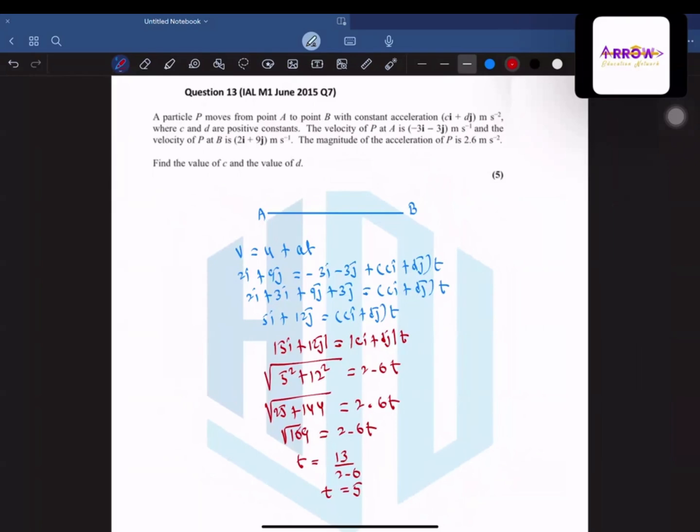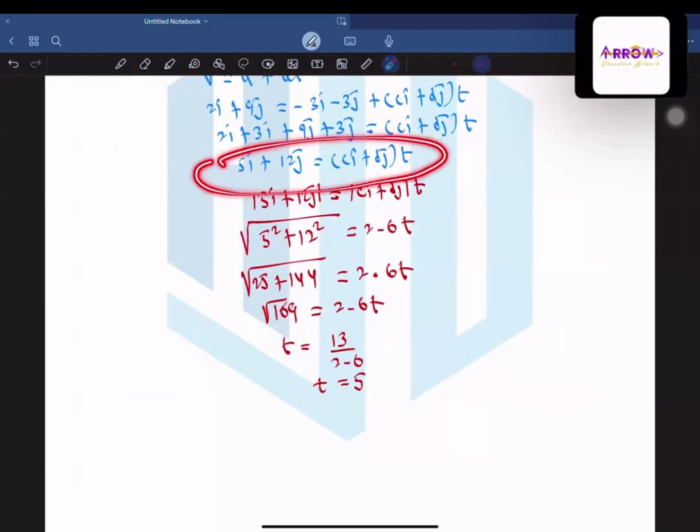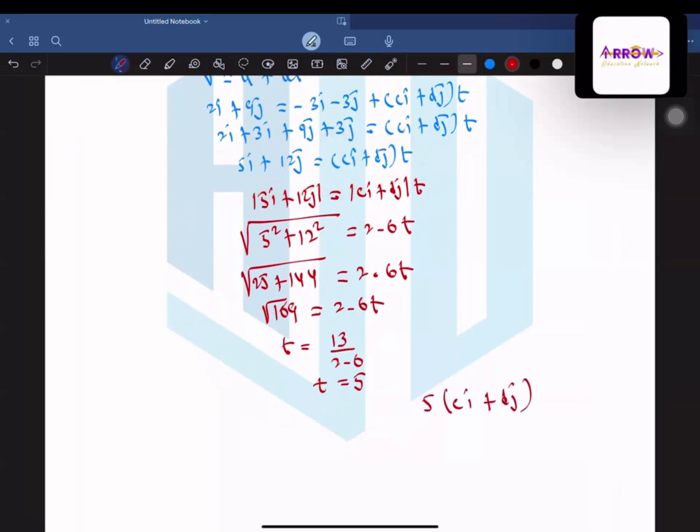As we know that we need to find the value of c and the value of d, I can simply use this equation over here. Therefore I can say that ci plus dj multiplied by 5 is equal to 5i plus 12j.